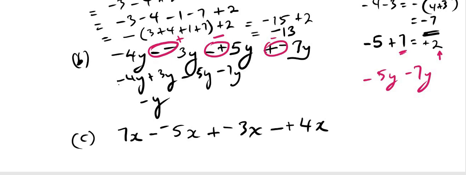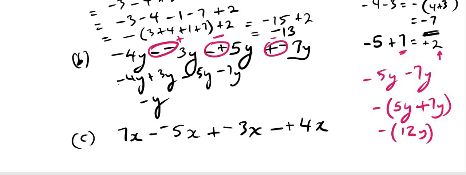Let's factor out the negative from the first, so we're going to have 5y plus 7y. And it makes sense, right? Because negative times positive is negative. So we can add 5 plus 7, which is 12y, and the negative negates it to be negative 12y.